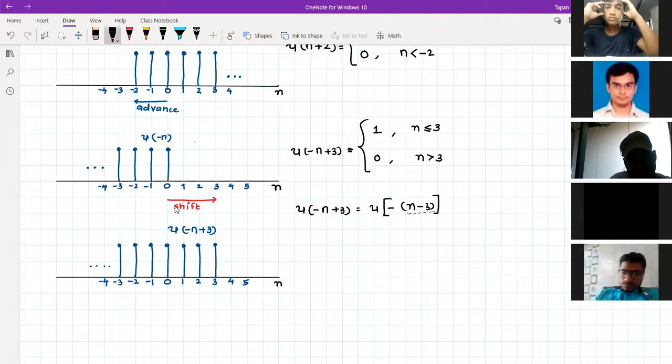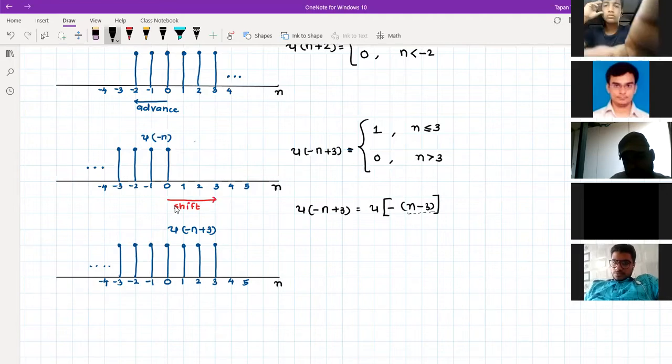The simplest way is that you perform u minus n and then you add 3 to it. So you will get 1, 2, 3 samples on the right hand side. Understand? Yes, sir.